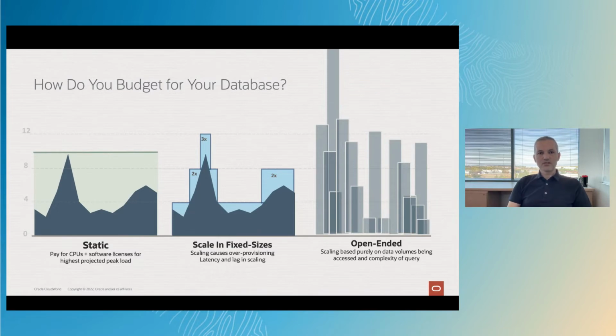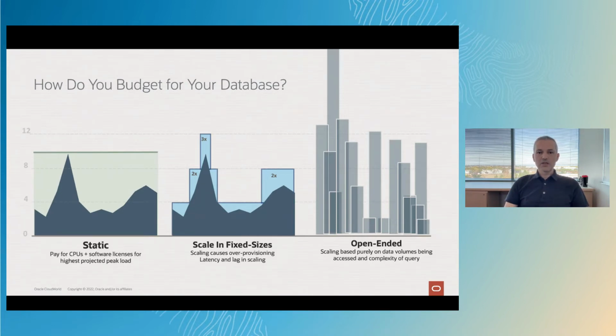The problem with this is it's in fixed sizes, so there is going to be some over-provisioning and some lag in identifying this resource need and adding these additional nodes to the database. The third one is completely open-ended scaling. The system scales based on data access patterns, data sizes accessed. Obviously, this is harder to control because it's open-ended and completely dependent on data sizes and access patterns.